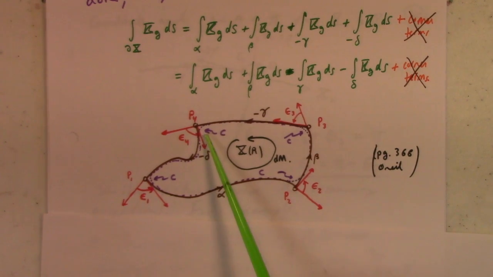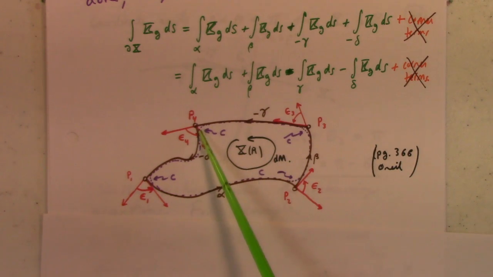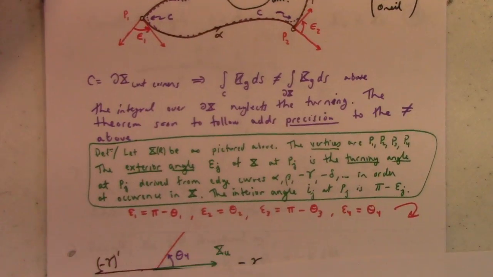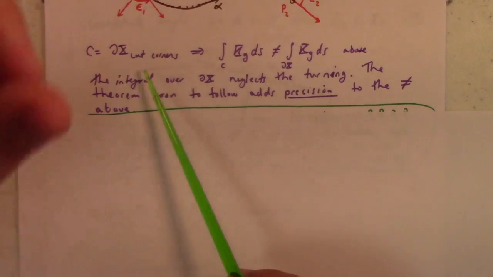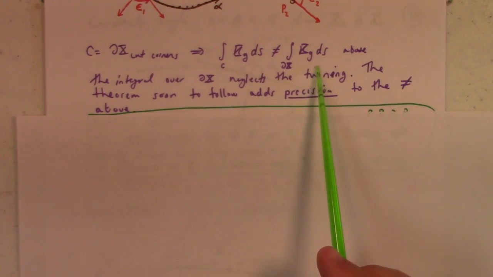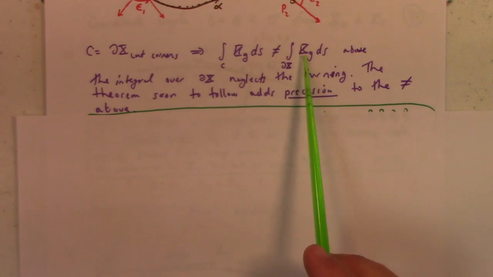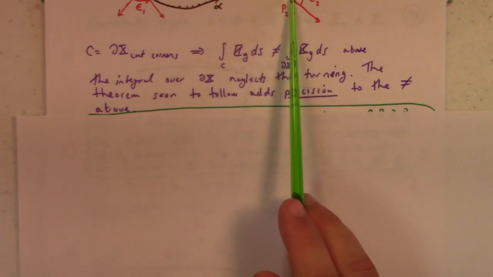And so there, I need a nice boundary curve, and this is not that. I need this sort of curvy one in order to make a connection with the theorem later. So he says C is the boundary of X with the corners cut. And so the integral around C is not equal to the integral around the boundary of X because, why? Because it neglects the turning, right, which you would have with the little purple curve.